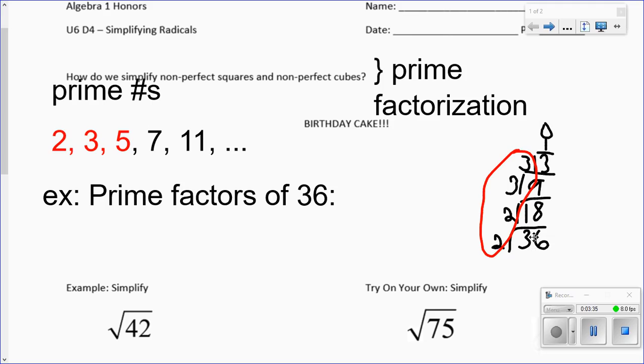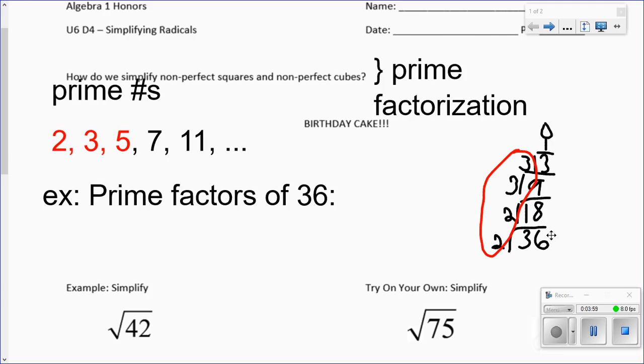I get 18, and I create another little tier around the 18. Then I ask myself again, what prime number goes into 18? Still 2. So I divide it by 2 again. I then get 9. Okay, create my little tier. What goes into 9? 3. Put 3 up at the top now. Create my little tier. What goes into 3? 3.